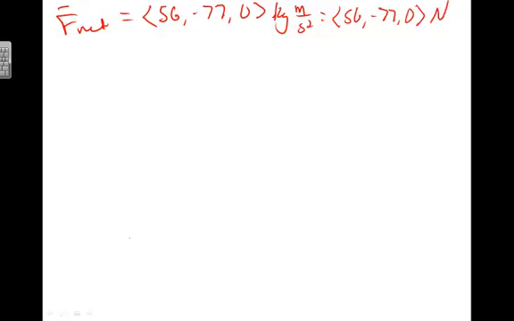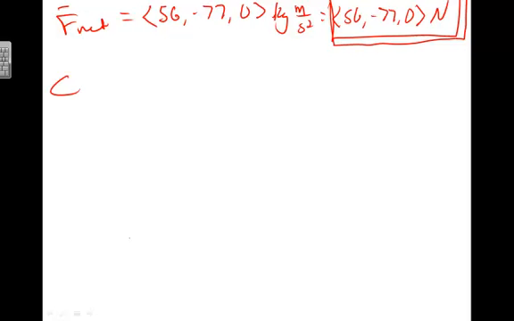So 56, comma -77, comma 0 kilogram meters per second squared. Turns out kilogram meters per second squared is actually a Newton, so this is 56, comma -77, comma 0 newtons. All right, so there's my answer. Make sure you always highlight that.